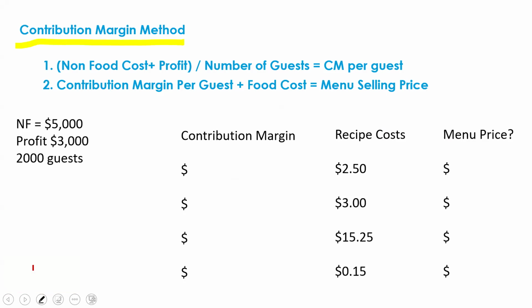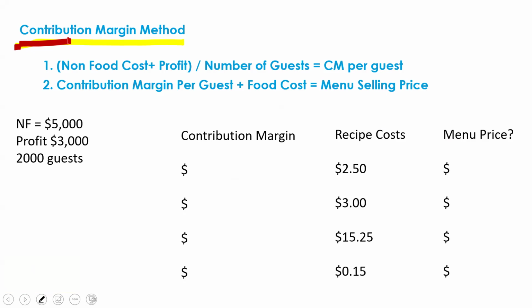What is the root word of contribution? What was it? Contribute. Good. Okay. So contribute is the root word of contribution. So that tells us that this contribution margin contributes to cover our profit and our non-food costs.